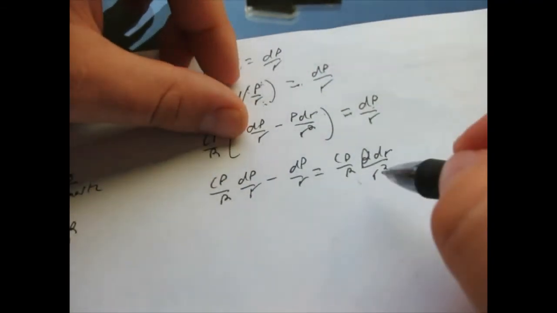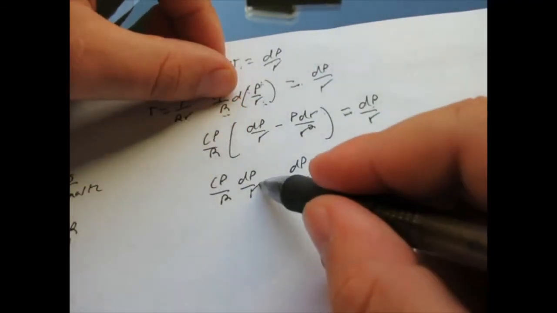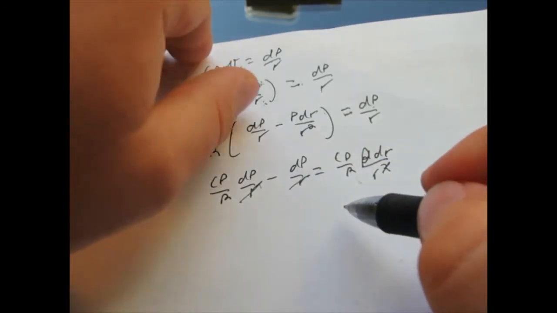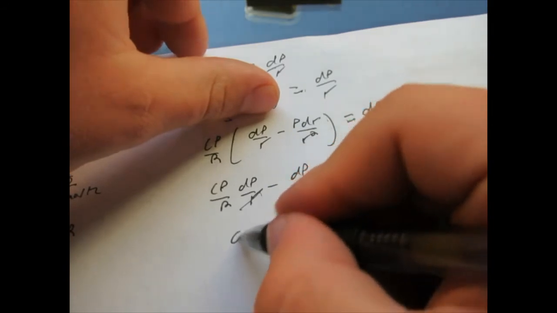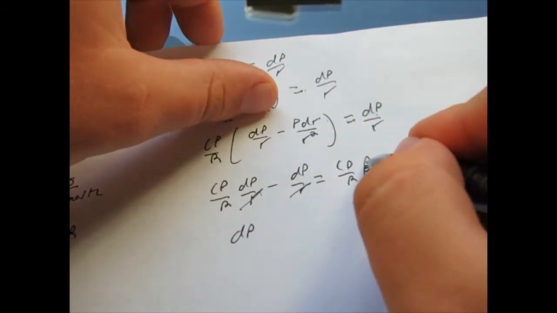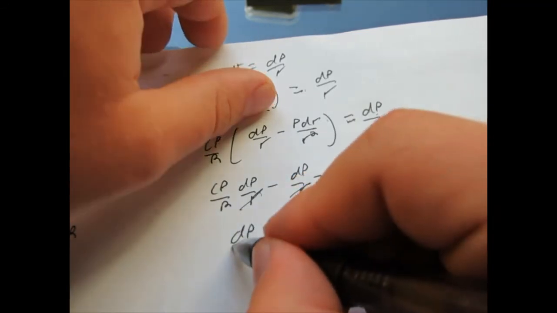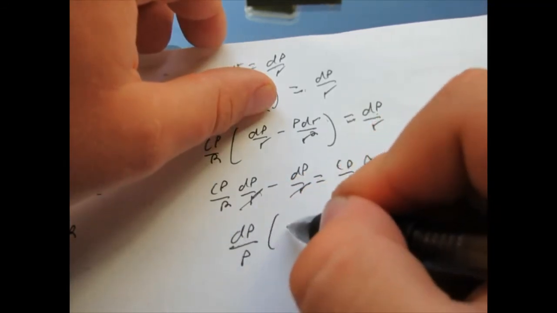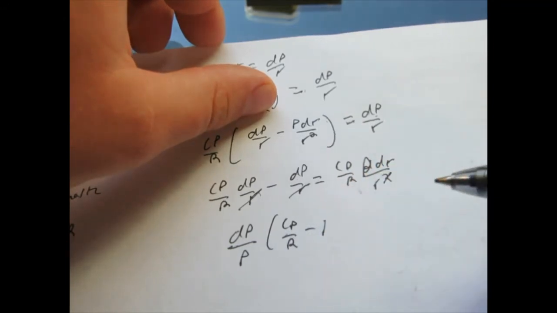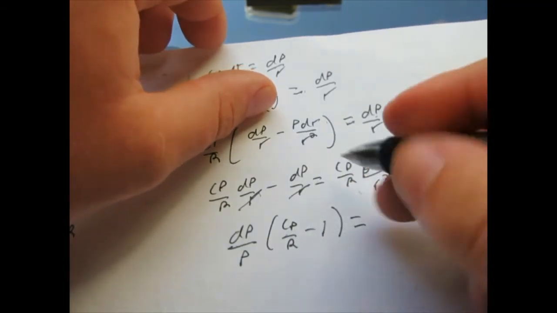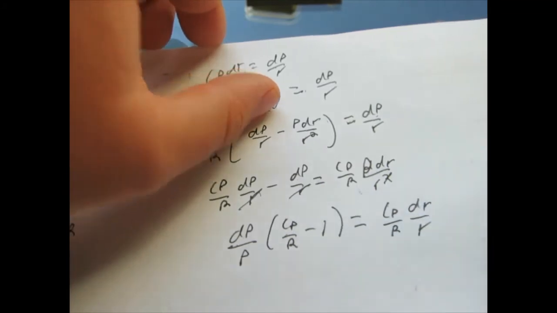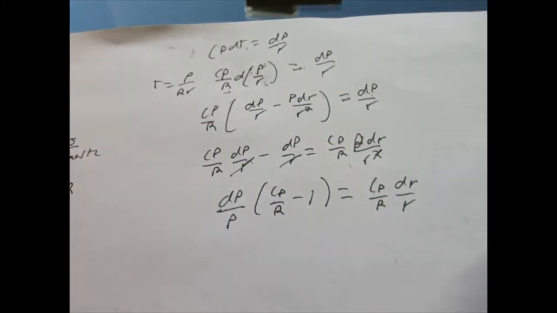So now that we have this, rho cancels, and rho cancels. And we can write this as, bring out the like terms, so dP, and then we're going to divide P by both sides. So dP over P, and then you're left with the Cp over R minus 1 equals Cp over R d rho divided by rho. You're left with this result.